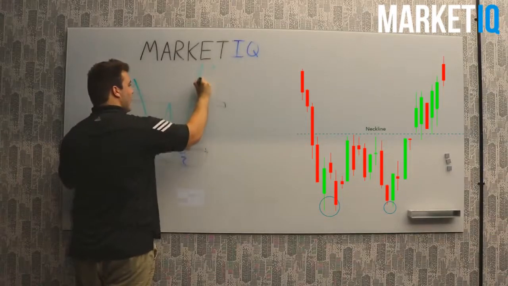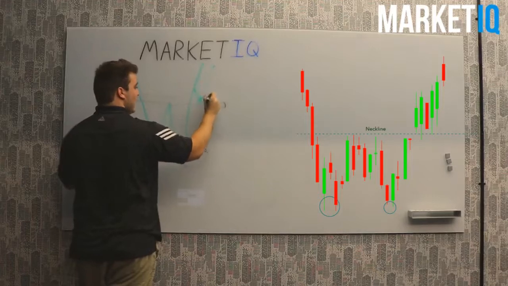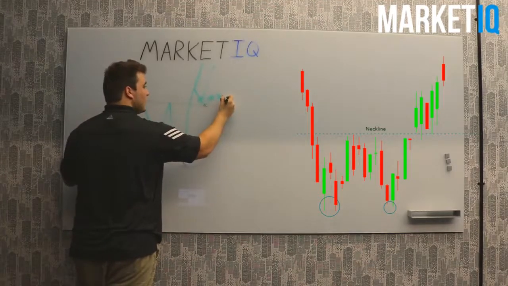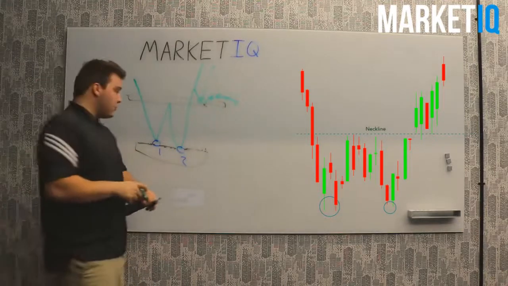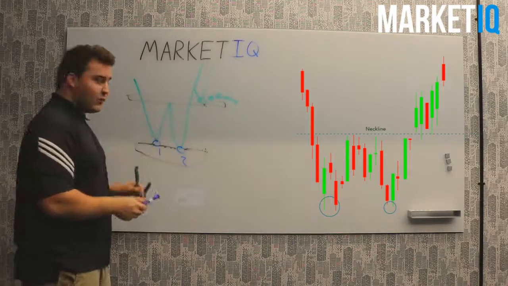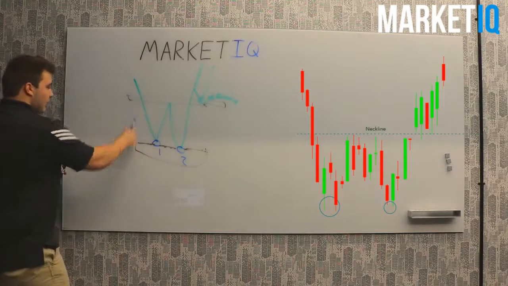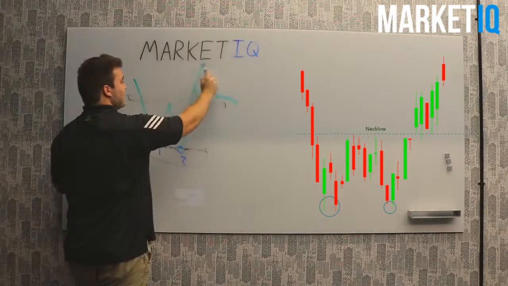Remember, it won't always pull back, it might just shoot up, and this is where we have our entry once we have the breakout of the double bottom. Same thing goes with target price level, where you just measure your height distance here, and that's where you find your target level.